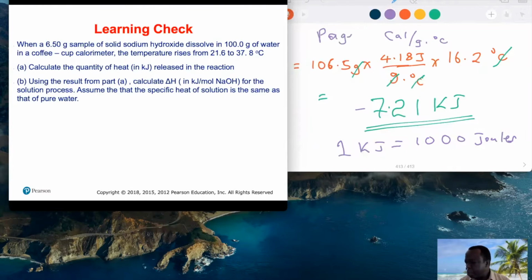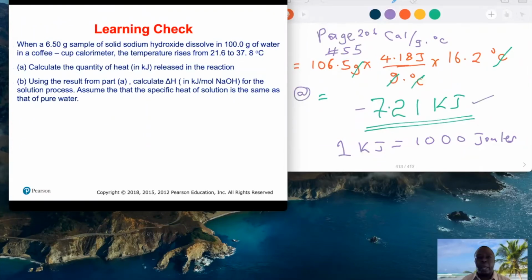This problem is on page 206, number 55 in the lab manual. You don't have part A, but this is the answer for part A.